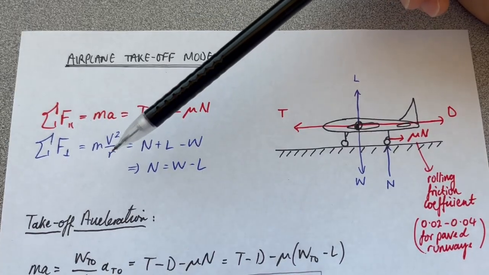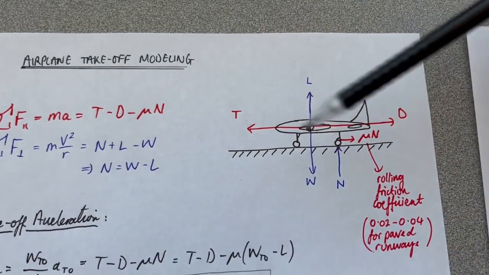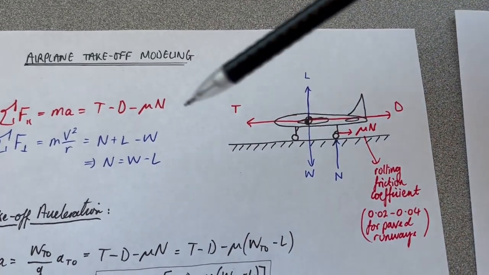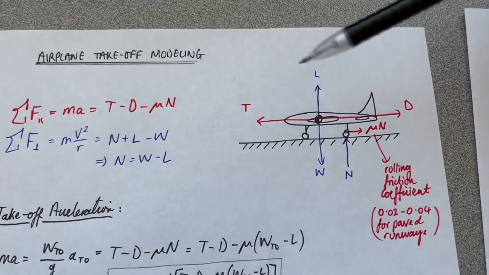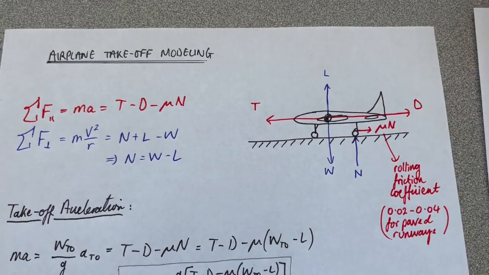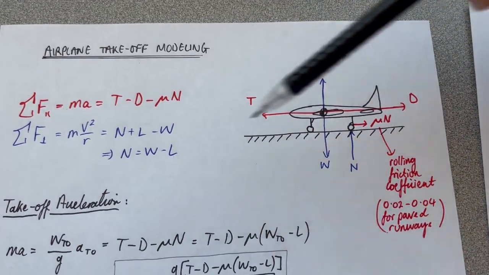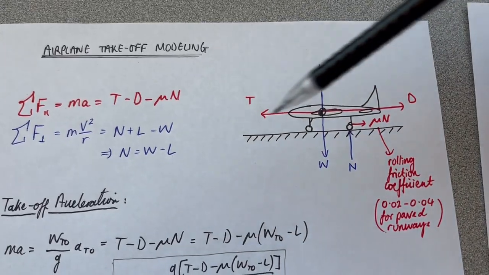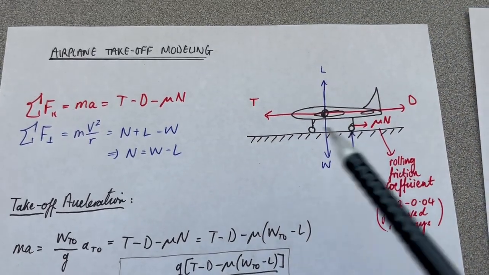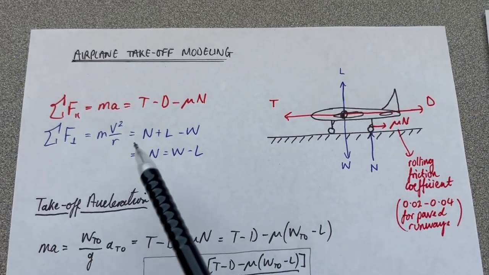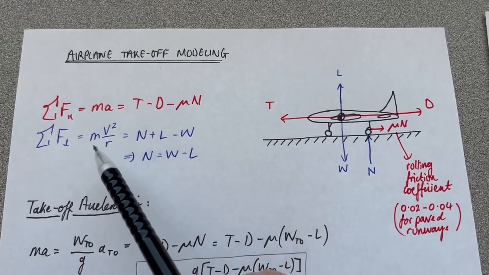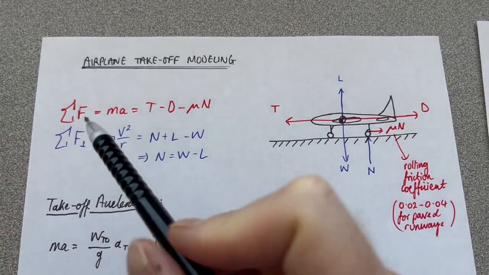Where R is the radius of an arc if the airplane was pitching. So if the airplane is traveling horizontally along our runway, then the radius of this arc tends towards infinity, so we can assume that this side here is 0.